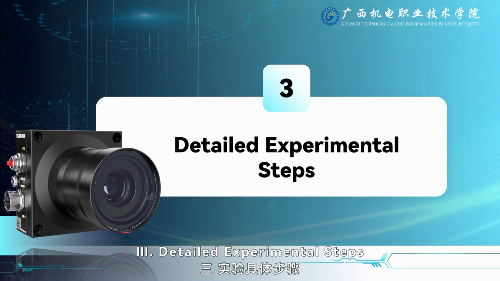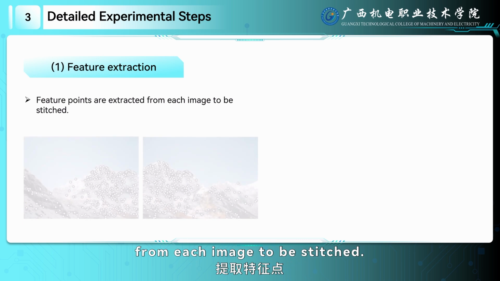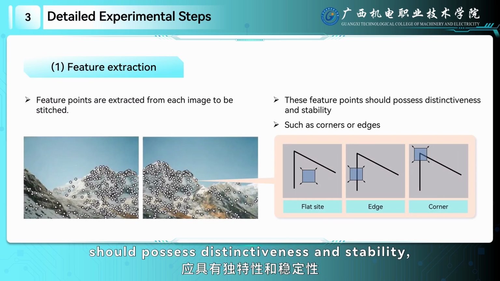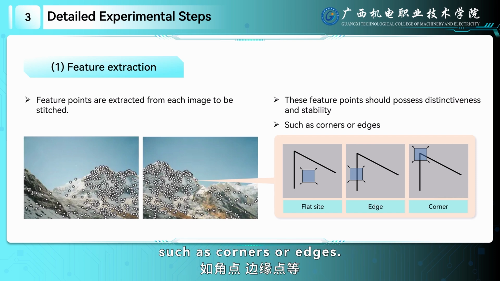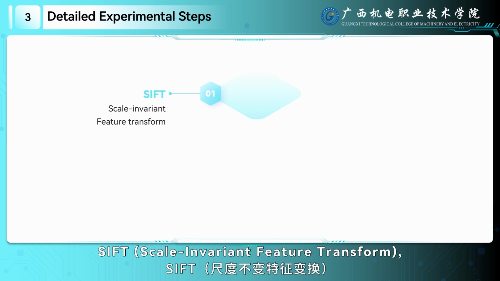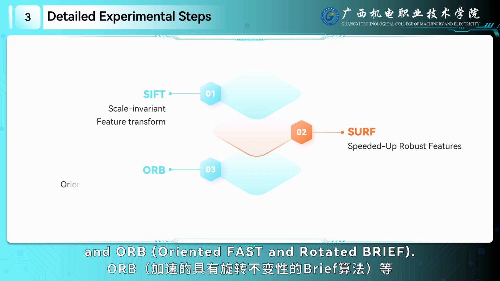3. Detailed experimental steps. 1. Feature extraction. Feature points are extracted from each image to be stitched. These feature points should possess distinctiveness and stability, such as corners or edges. Common feature extraction algorithms include SIFT, Scale Invariant Feature Transform, SURF, Speeded Up Robust Features, and ORB, Oriented Fast and Rotated Brief.